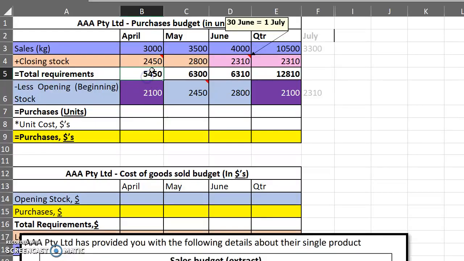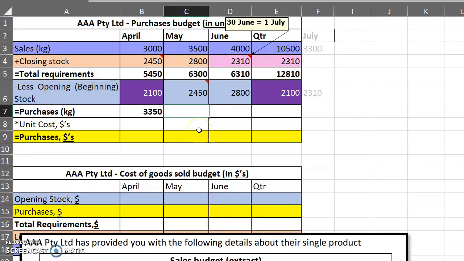What we're saying is, in April, we don't need to buy 5,450 kilos because we already have 2,100 in opening. So the calculation will be what I want to have, take away what I already have in my shop. I don't need to buy it. So that's how many kilos. So where we have units, we can actually put kilograms. So that's how many kilos I would like to buy for April.